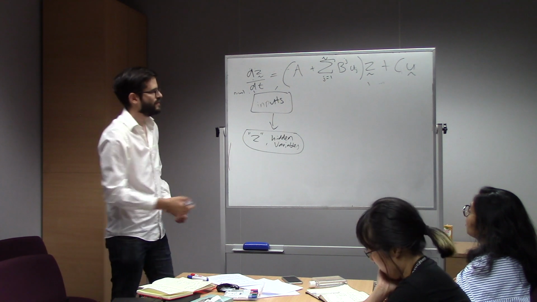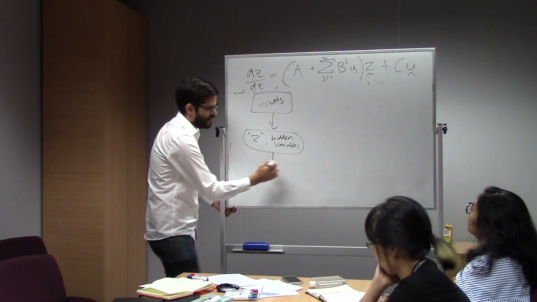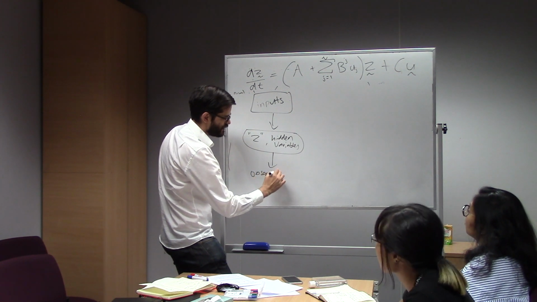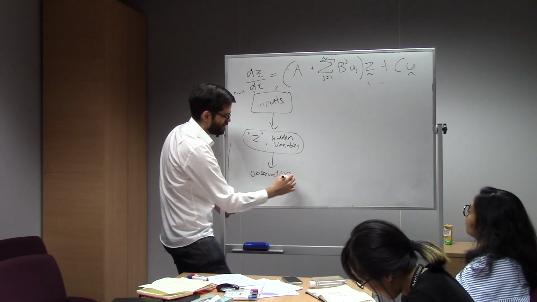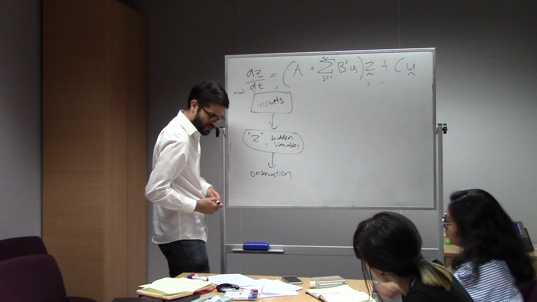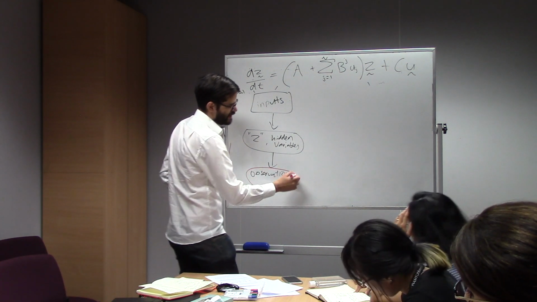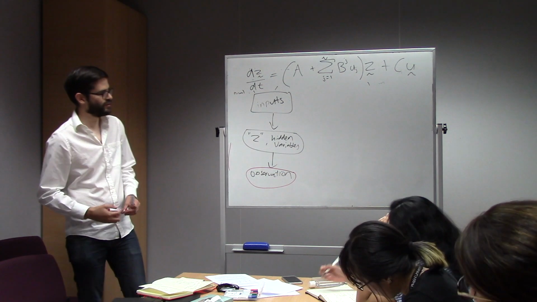The last one here is the observation model. This is the last thing we haven't discussed yet. I just want to go through it, but not too much in detail.